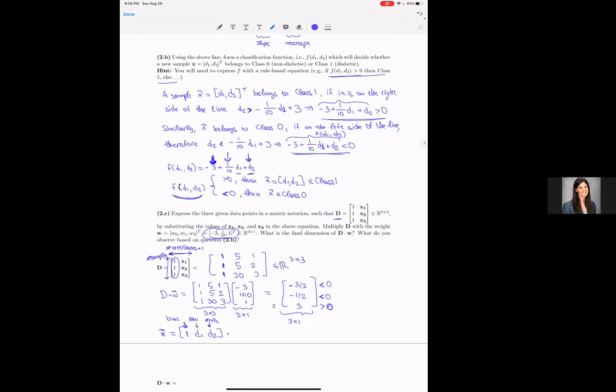So if we multiply x by this weight, -3, 1 over 10, and 1, which we can say is a vector W, a vector of coefficients that correspond to the decision boundary, then we have exactly the equation of the decision boundary that we have formed in the previous question here. So this decision boundary that we found here has this algebraic notation, but it also has this matrix vector notation here.